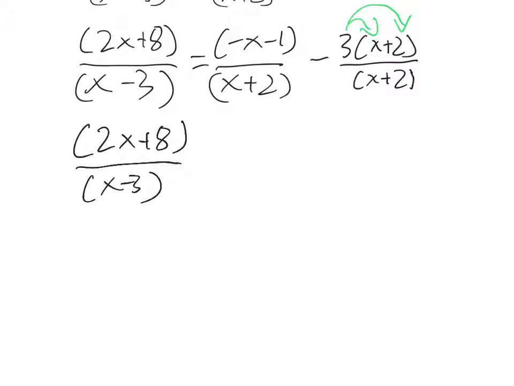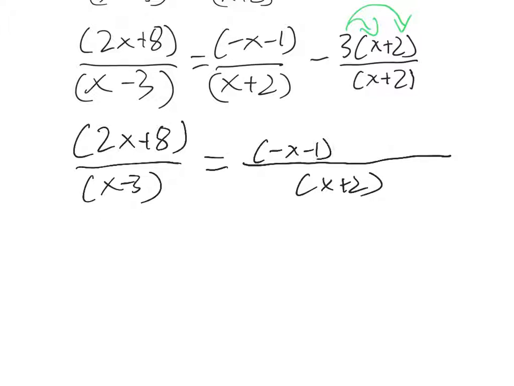And then over here, what I'm going to do is say that this whole thing is now going to be over x plus 2, right? They both have the same denominator, so I can now do that. And then I have still this -x minus 1.